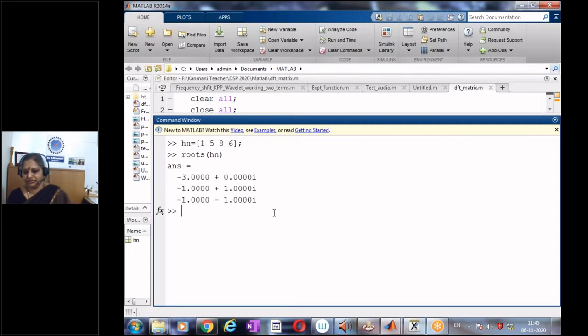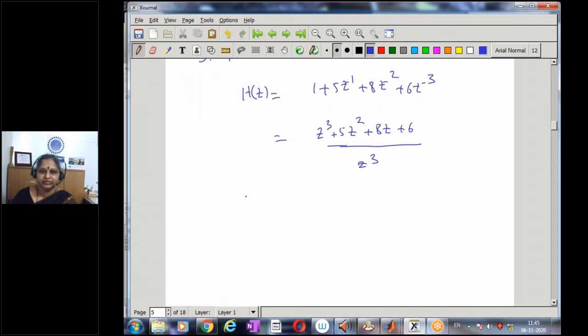If I look at the roots, I have the roots at minus 3, then minus 1 plus j, minus 1 minus j. So let me just go back. So we have the zeros. The zeros of the system are located at -3, -1 minus j, -1 plus j.